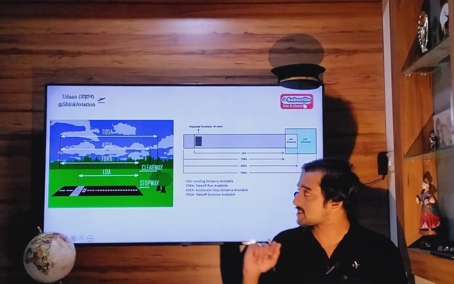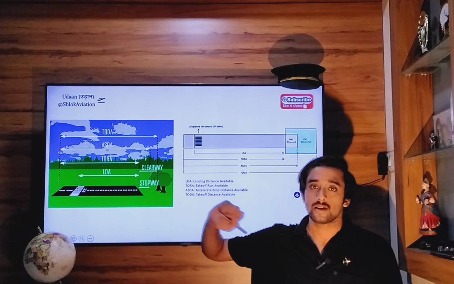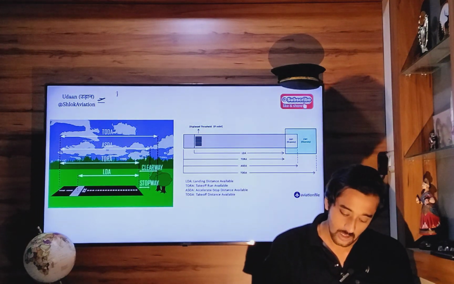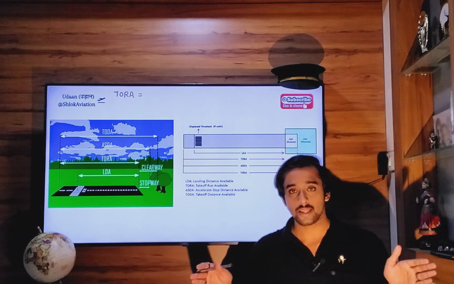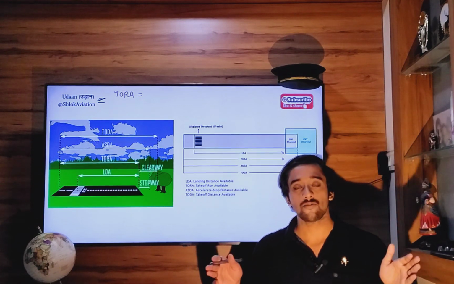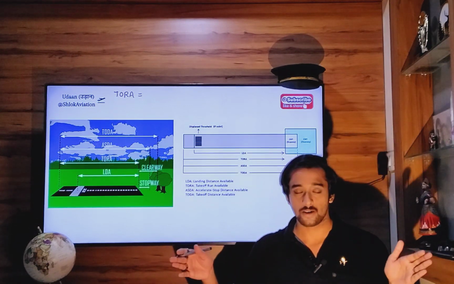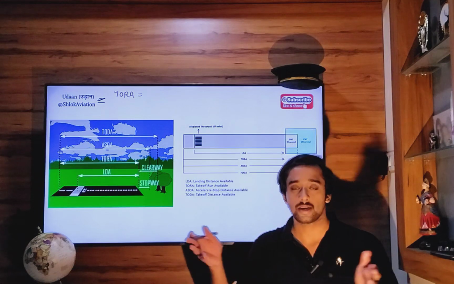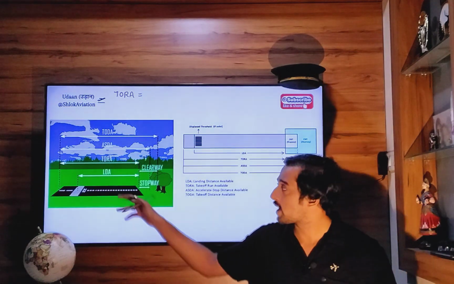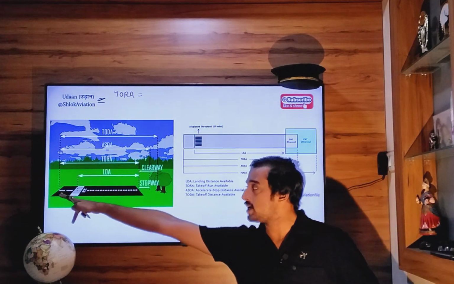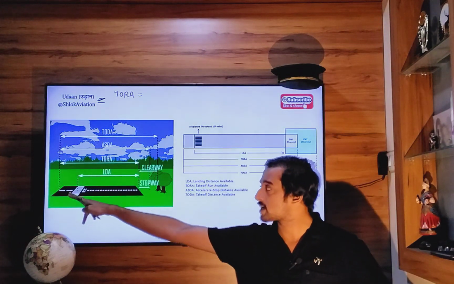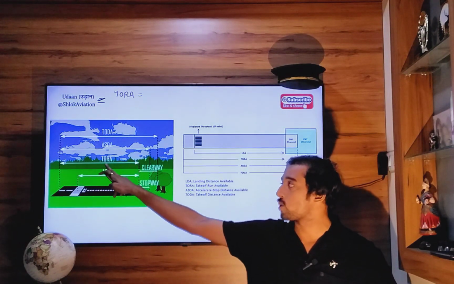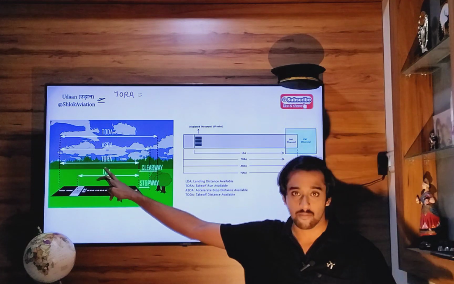Now first things first, takeoff run available, TORA. This is the available runway length for conducting your takeoff roll. You can use this entire length of runway for your takeoff. That's why this entire length of the runway will be called TORA, or takeoff run available.